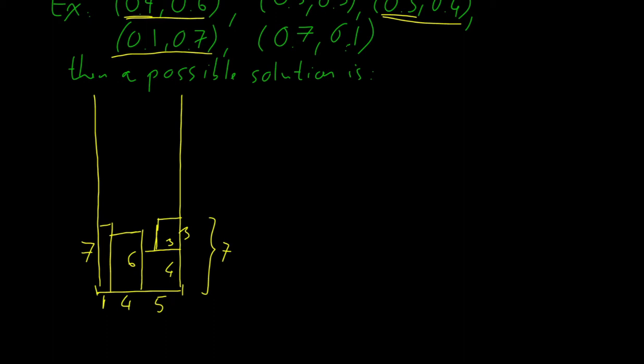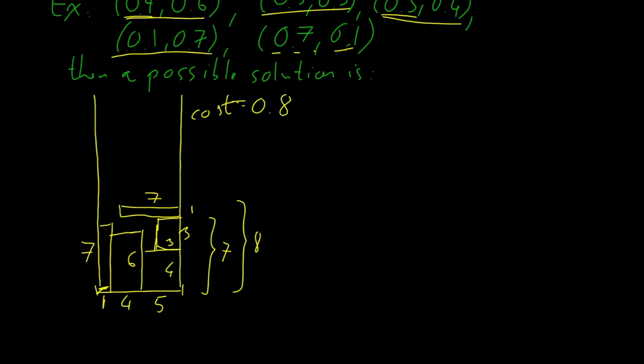This 0.7 times 0.1 won't fit here into the middle, because the width here is 1 and the width here is 3, so you would only have 0.6 space there, but you can of course just put this 7 times 1 object here, which will make the total height used just 0.8.